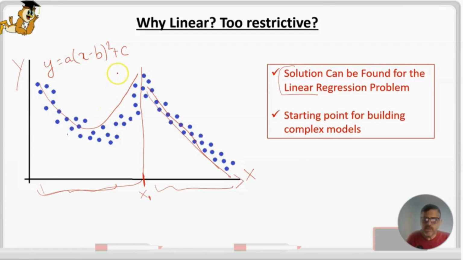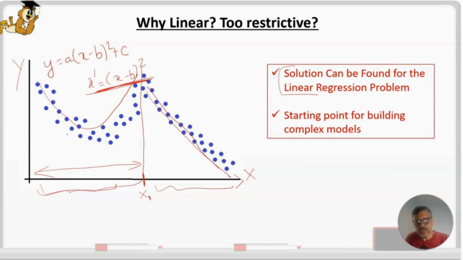And then if you did a transformation on x, whereby you defined a new variable x prime, which was equal to (x minus b) squared, you would have a linear relationship in this part as well.